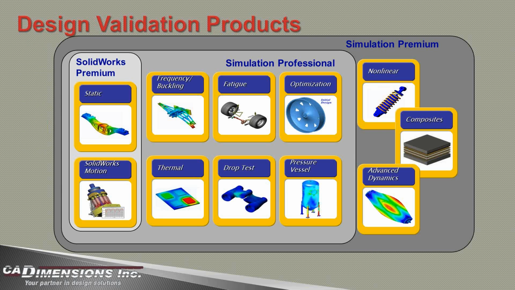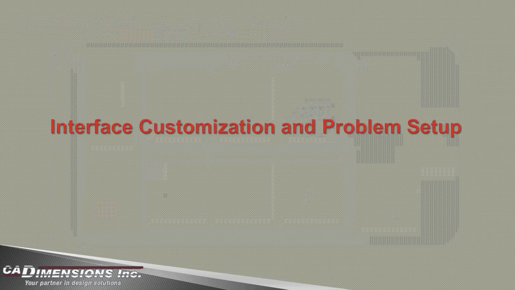SOLIDWORKS Premium is the first level that includes some sort of analysis tool. And with this, the linear static for parts and assemblies, as you move up into the simulation bundles, you get other things, but I want to focus today on linear static with SOLIDWORKS Premium.